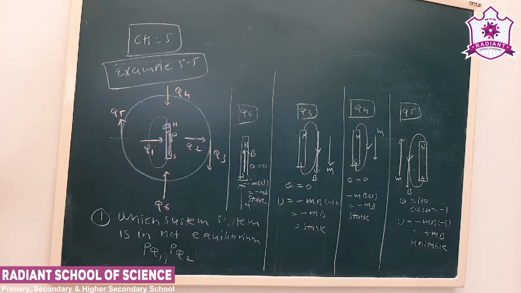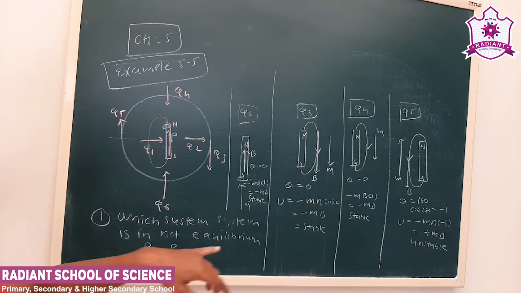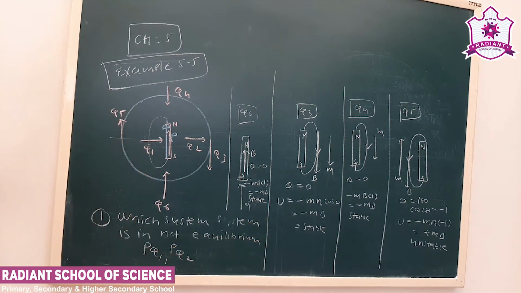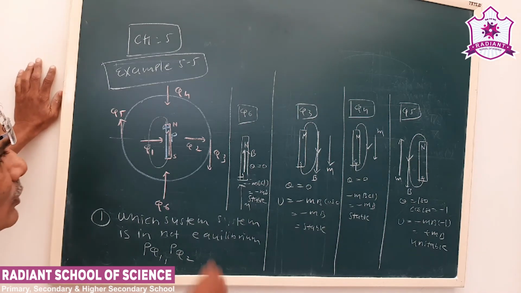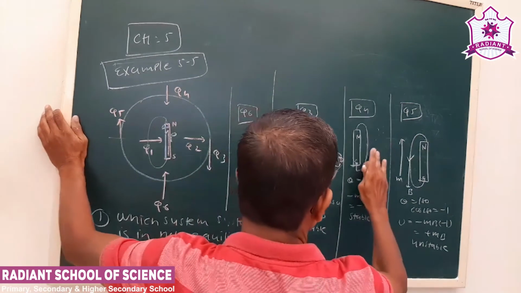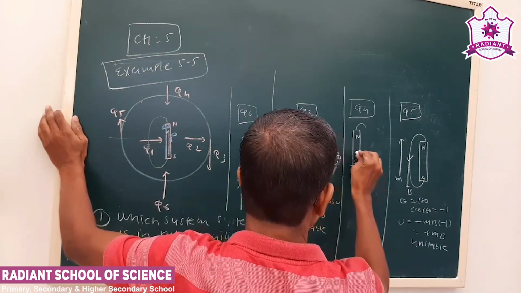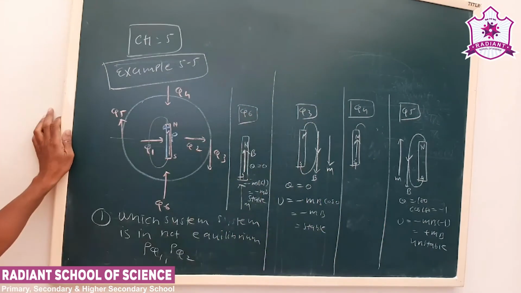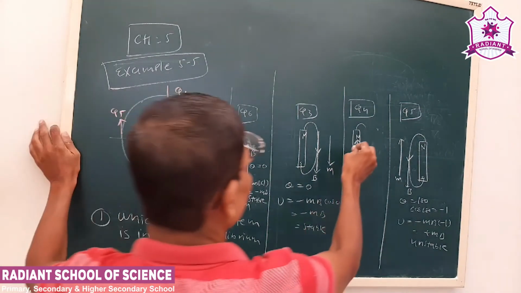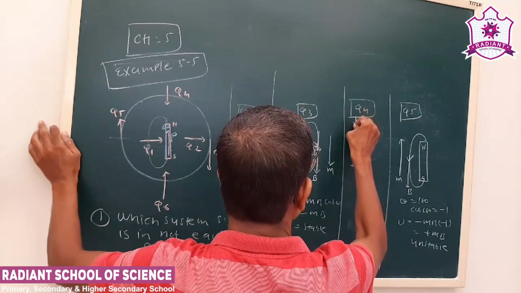Q3, yes, this is stable. Now Q4. Sorry, somewhere I made a mistake. Now see, inside the bar magnet, the magnetic field line will be like this, and Q4 is in this direction.